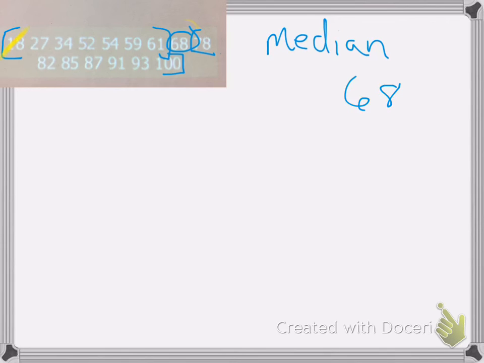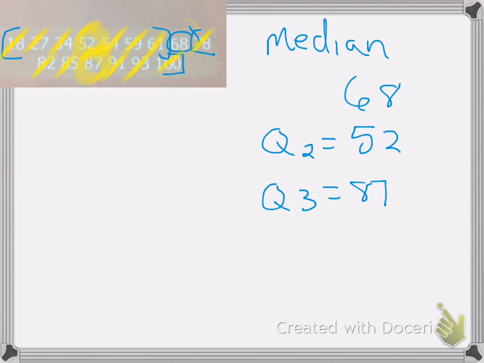So I go tick 1, 1, 2, 2, 3, 3. 52 is my lower. 1, 1, 2, 2, 3, 3. 86 is my upper. So my Q2 is going to be 52. My Q3 is going to be 87.